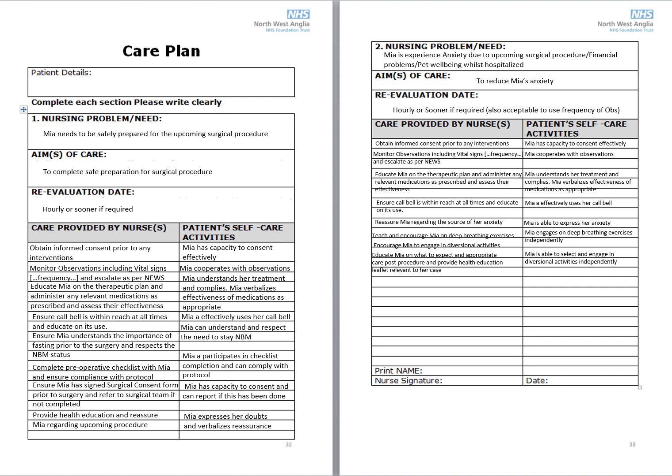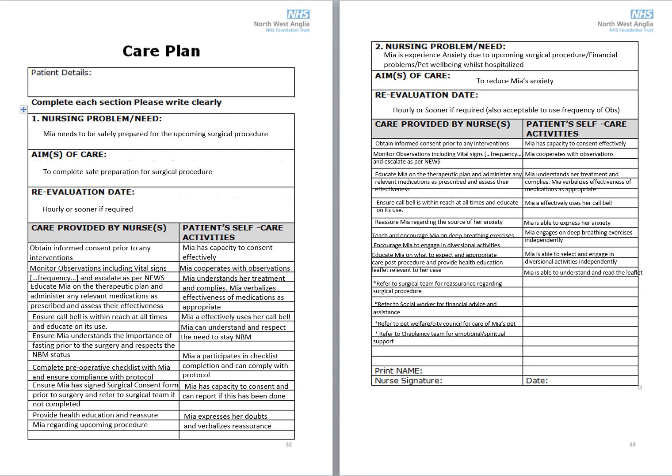Educate Mia on what to expect and relevant care post-operatively, and provide health education leaflet relevant to her case. Mia is able to understand and read the leaflet. Now here is where the reason for Mia's anxiety is going to affect the way I'm going to establish my interventions.